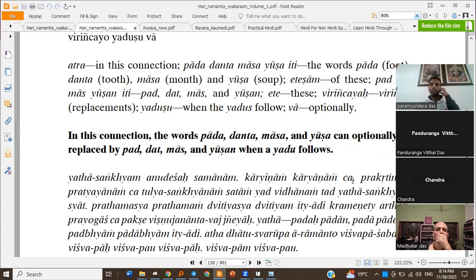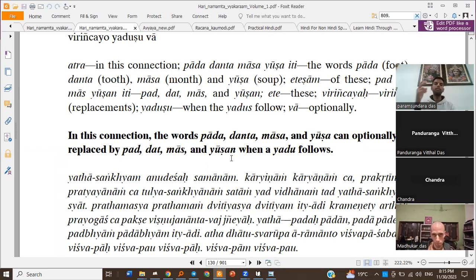Aramanta Shabdas. So now their declension will be done similar to the Krishna Shabda, like Krishna, Krishna, Krishna, similarly Pada, Pada, Pada, and so on. But when Yadus follow, Shasada Yadu Sangya, optionally these four words will be replaced with Pad, Dat, Mas, and Yushan in Prakriti, and then we add Pratyaya.